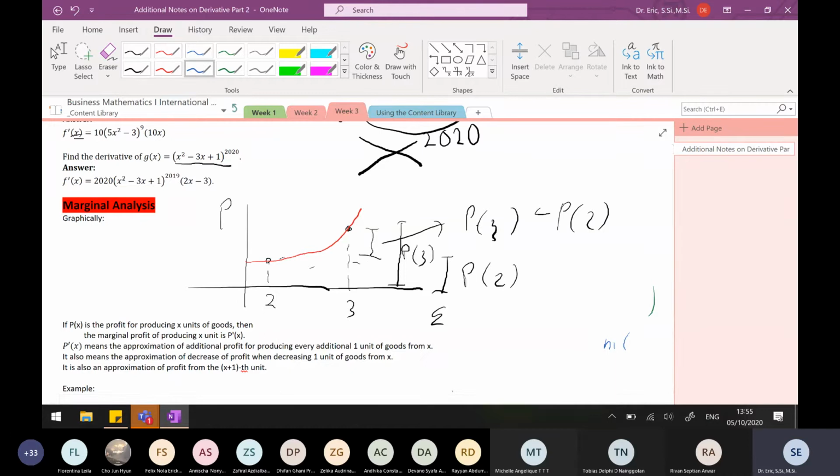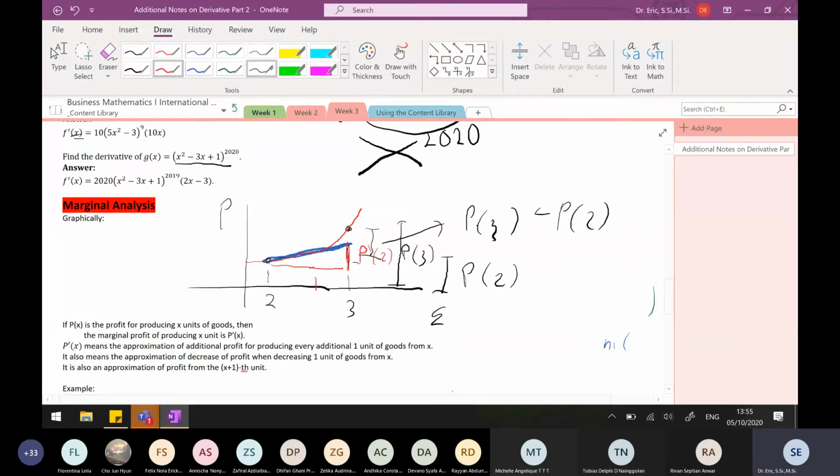But I can do a better approximation. I find the slope of the tangent line here. What is the slope? This is P prime 2. P prime 2 means if you go 1, you will go up by P prime 2.